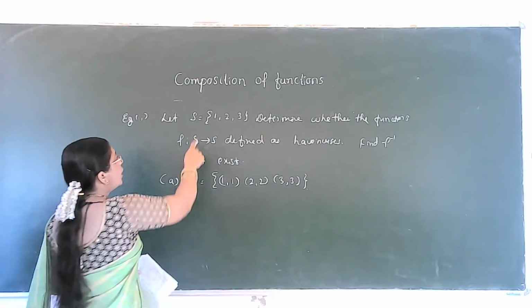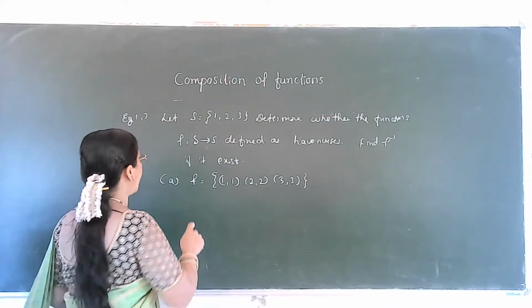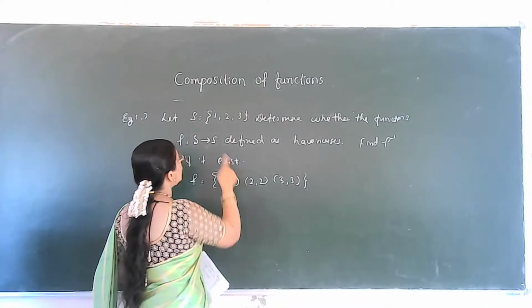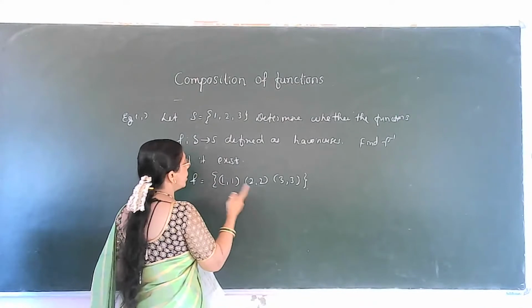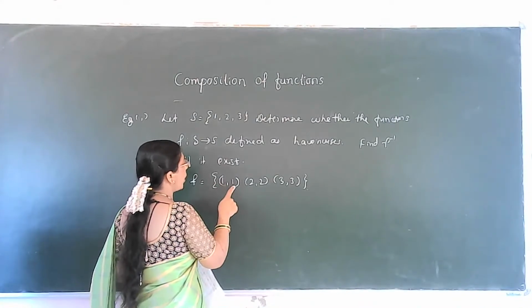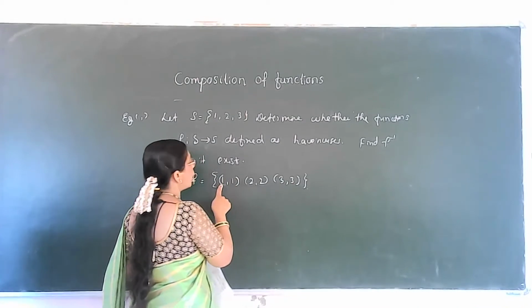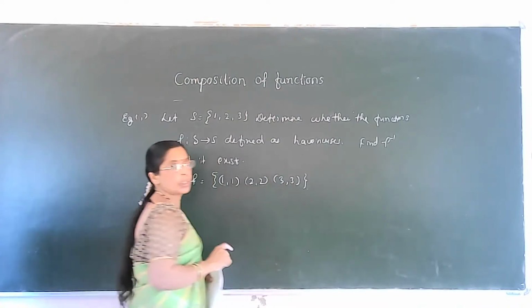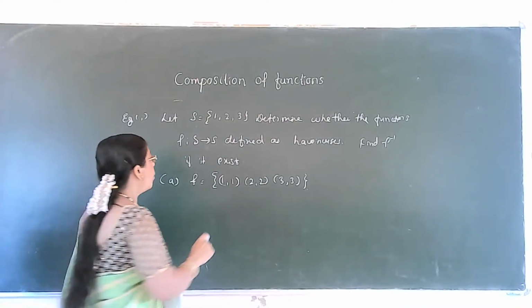Here all elements of S have an image, and distinct elements of S have distinct images. 1 is the image of 1 itself, 2 is the image of 2 itself, and 3 is the image of 3 itself, each a separate image. Therefore, it is a one-one function.